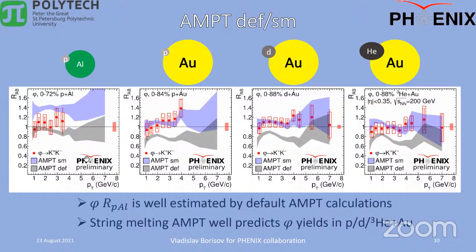String melting AMPT calculations, which include coalescence from QGP, overestimate proton-aluminum collision results, but fall on the same curve in proton, deuterium, and helium-gold collisions. String melting AMPT results are presented by a blue curve. Default AMPT results are presented by a gray curve.